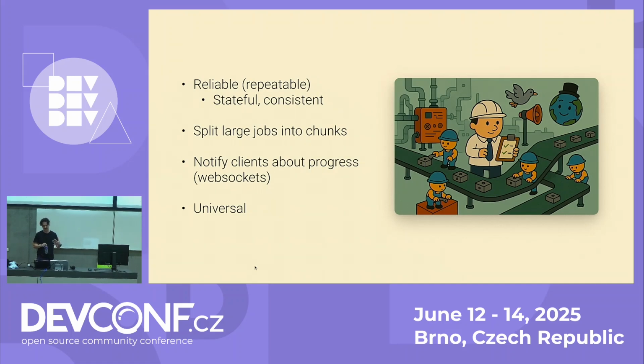We also need to split the large jobs into chunks. We don't want everything to happen in a single large transaction. We need to have chunks and run the chunks separately. And we also need to notify the clients about the progress using WebSockets, for example, and we need it universal, which means that we want to have just a single batch job machine for all of the mentioned use cases.